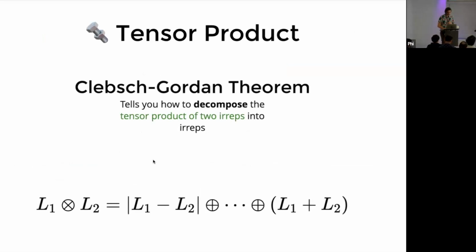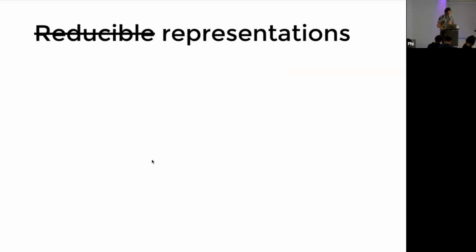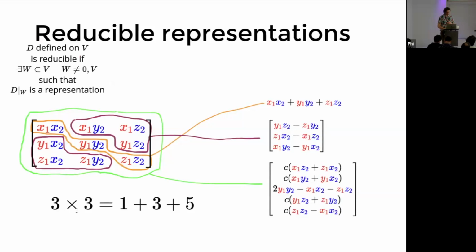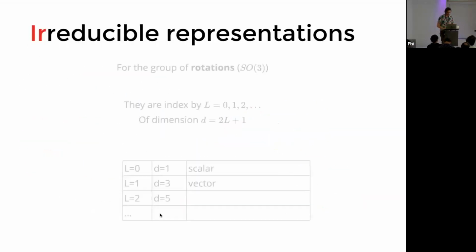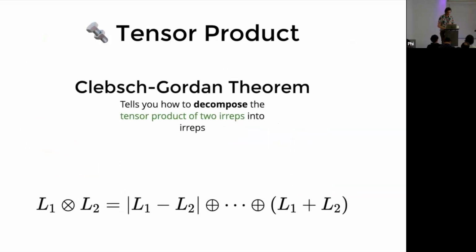Remember that thing, 3 times 3 equals 1 plus 3 plus 5. This was the rule for how to decompose the tensor product of two vectors into irreducible components. A mathematician a long time ago found the general rule for any two irreducible representations. You take L1 and L2, two irreducible representations of rotations, and you make the tensor product.